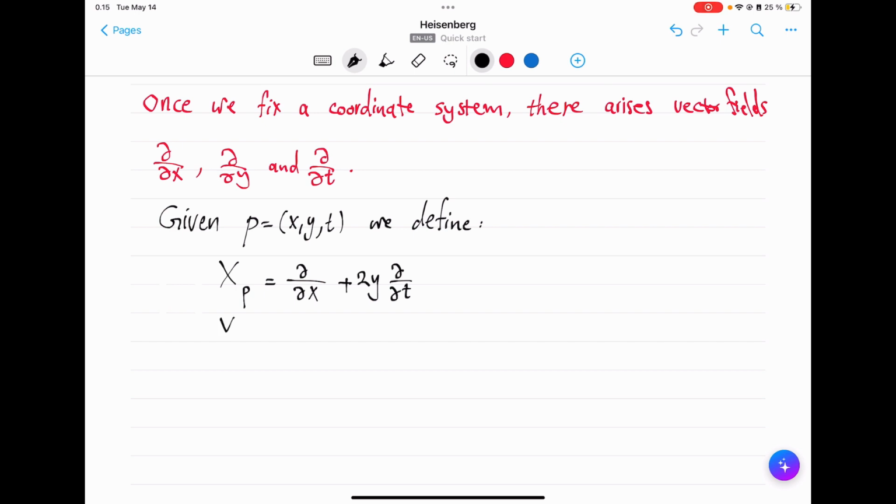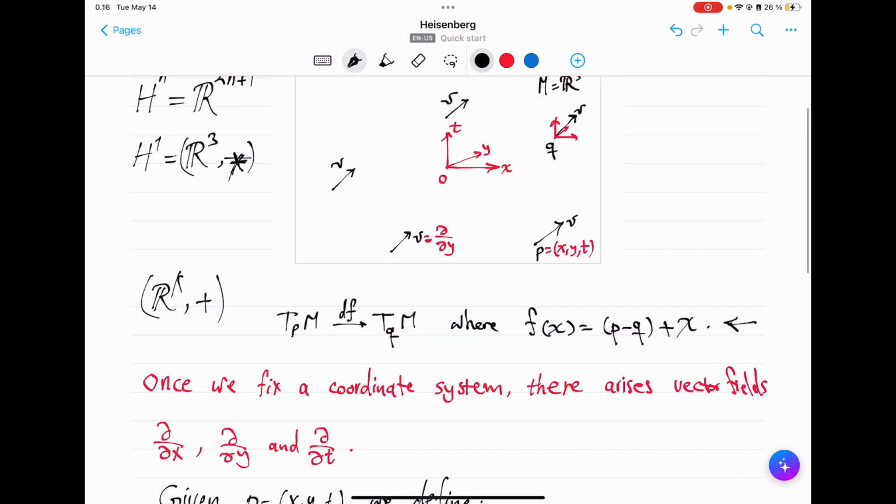From the viewpoint of the group structure that we will have, X actually will be well defined without even putting this p down here. But here we're using two structures. We're cheating. We're using the familiar coordinate system that we have, where we look at R3 with the plus as a vector space.